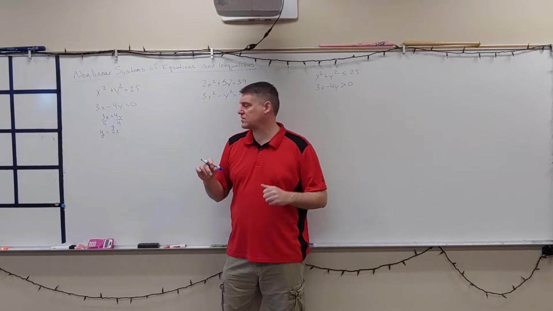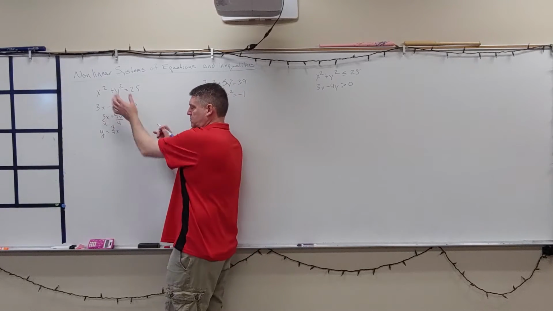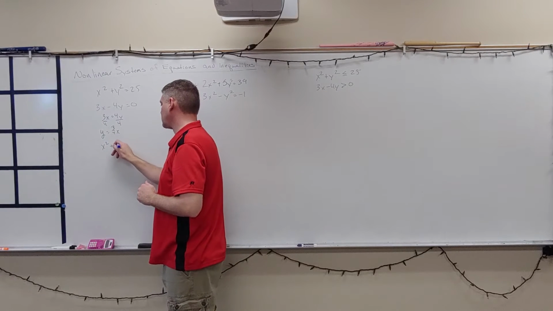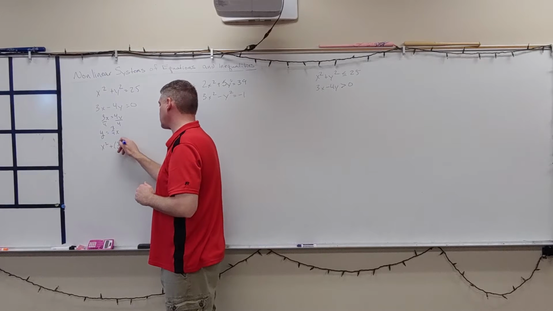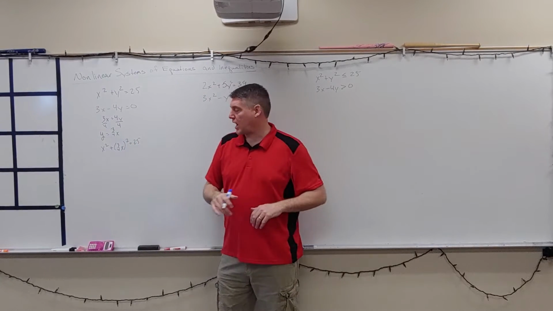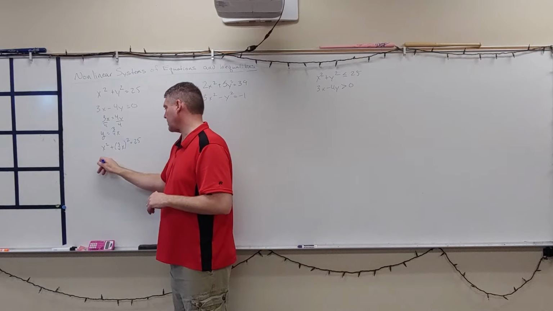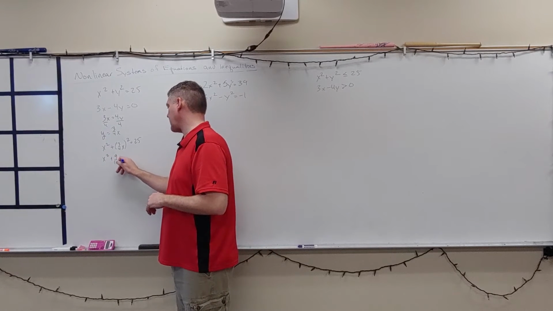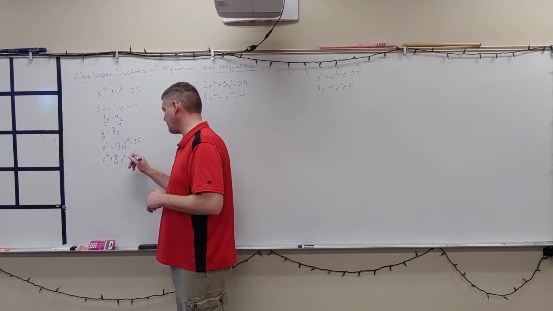Now, since I have this solved for y, I'm going to plug it back in. So I have x squared plus (3/4 x) squared equals 25. I'm going to square this out, so I get x squared plus 9/16 x squared equals 25.